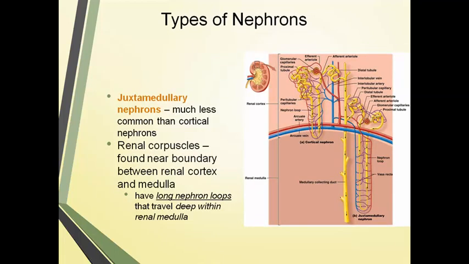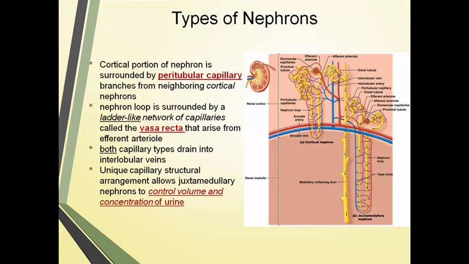The juxtamedullary nephrons, these are the ones that dip deep into the medulla, and we said that they're associated with the vasa recta. And this, of course, is what we just said. So the peritubular capillaries are associated with the cortical nephrons, and the vasa recta with the medullary nephrons.